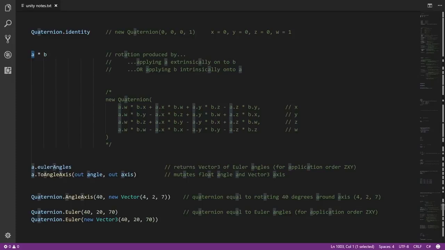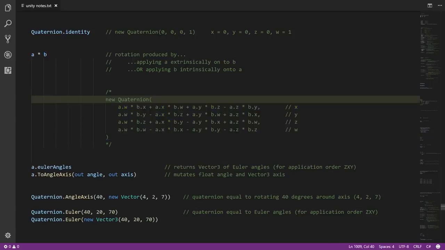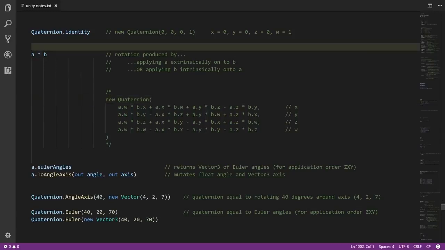And happily, it turns out the reason we care about quaternion multiplication is because if you multiply unit quaternion A by unit quaternion B, and remember our quaternion values in Unity are always unit quaternions, you get the rotation of having extrinsically rotated B by A. So imagine that you have some object which has already been rotated. It's in orientation/rotation B. That's an important point I kind of glossed over.